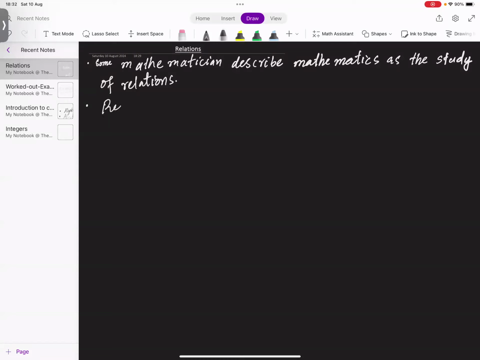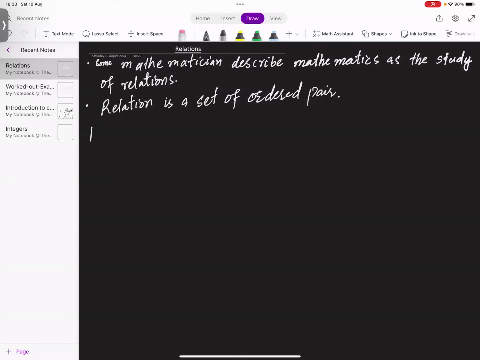A relation is a set of ordered pairs. Set of ordered pairs.